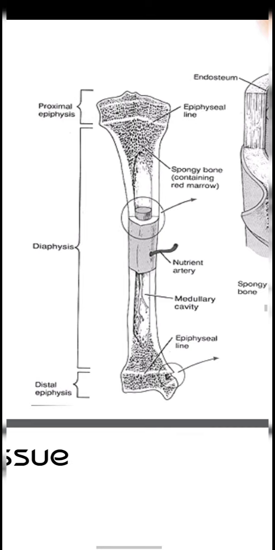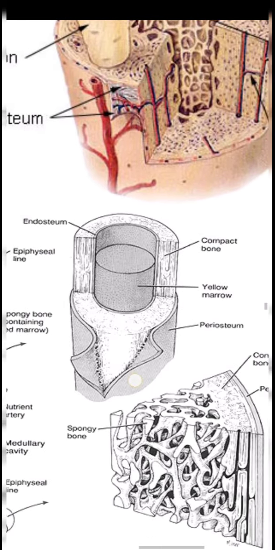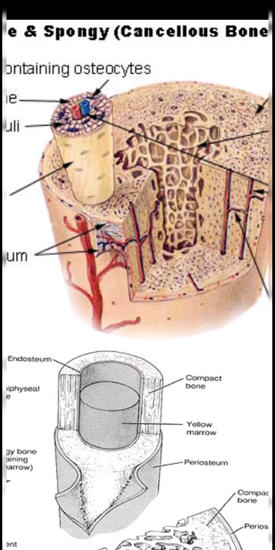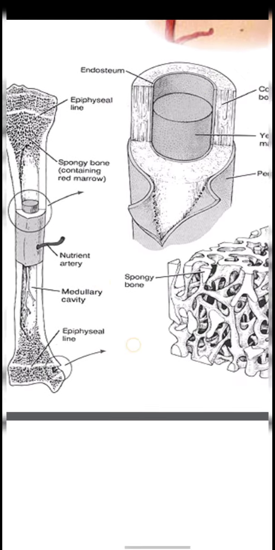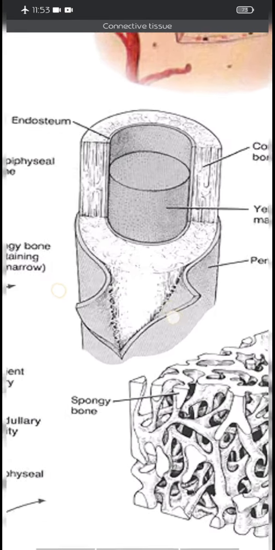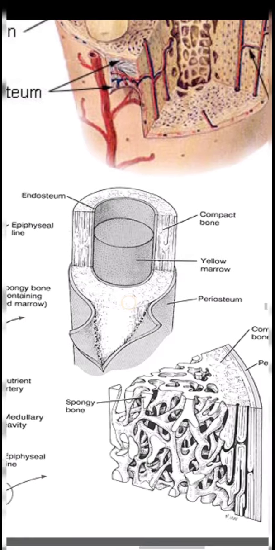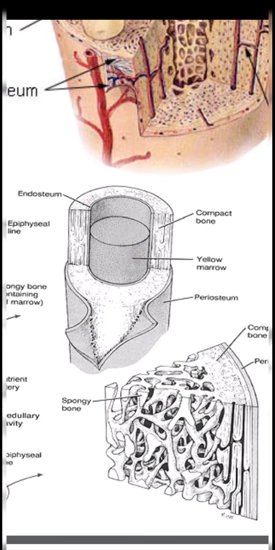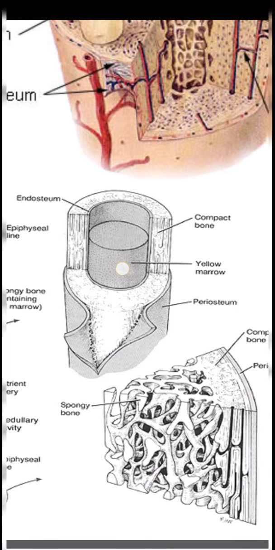Compact bone makes most of the structure of long bones, but spongy bones are a very integral part of these bones. They help in providing nutrients to the bone. Okay, so as we can see here in this picture, if we magnify this, in the mid there is the bone marrow, also known as yellow marrow.